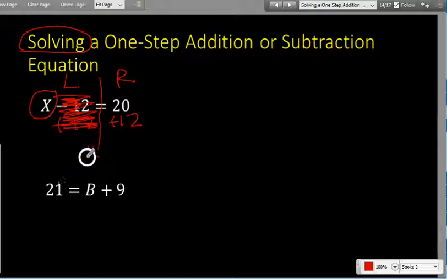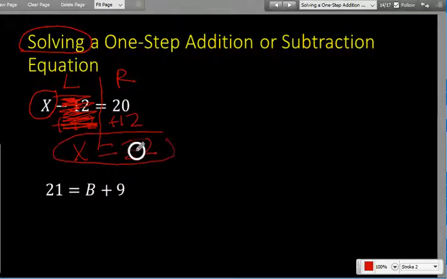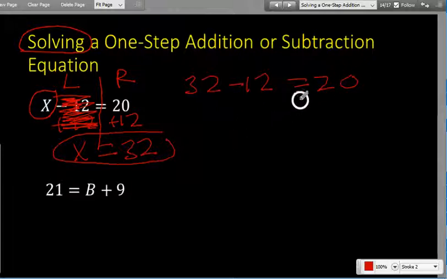We're left with just the x, which is what we wanted to have happen, equal to 20 plus 12, which is 32. Voila! X equals 32 is our solution. 32 is what makes the equation true. Okay? 32 minus 12 is 20.